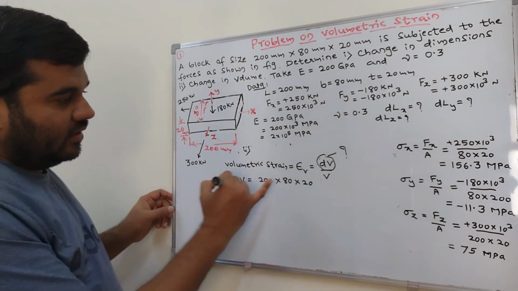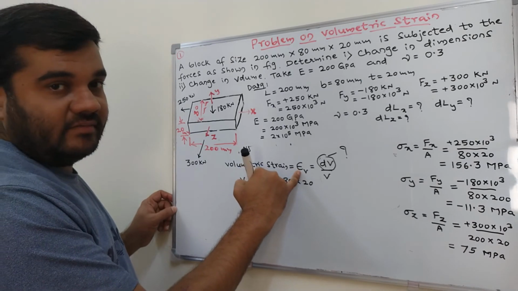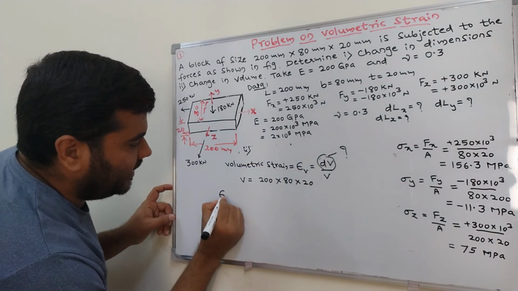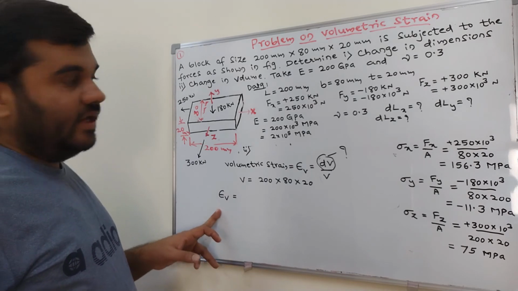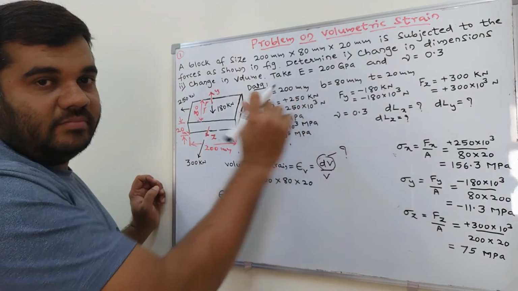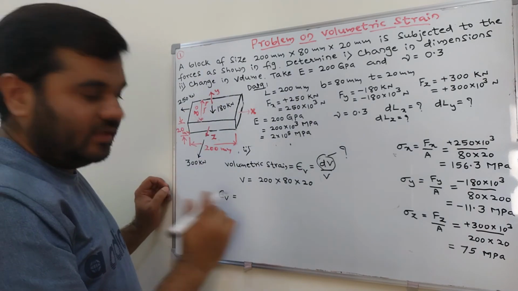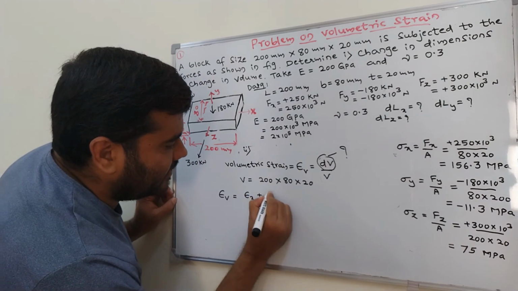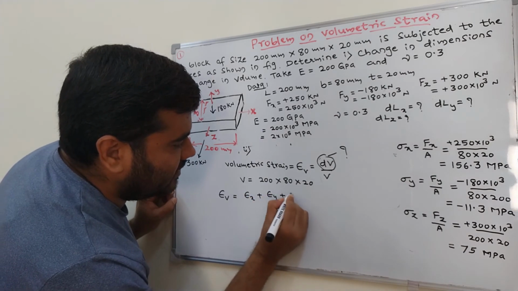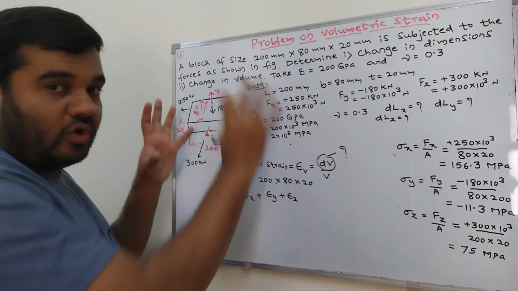Next, how to calculate the volumetric strain? The volumetric strain is strain in x direction plus strain in y direction plus strain in z direction. Can I write that? Yes, because all together it is the total volume change.